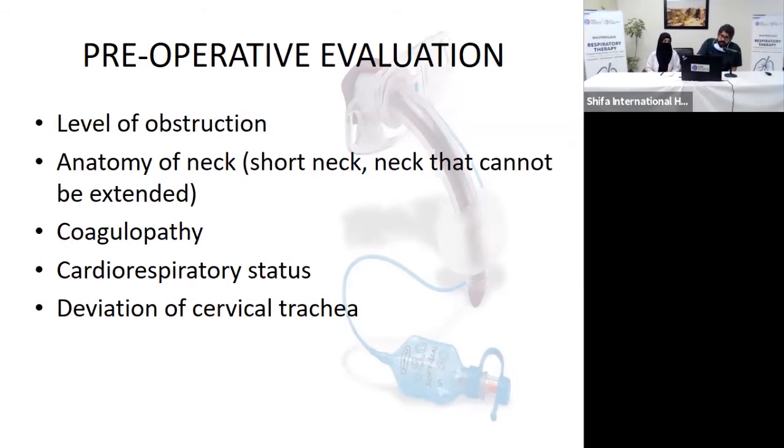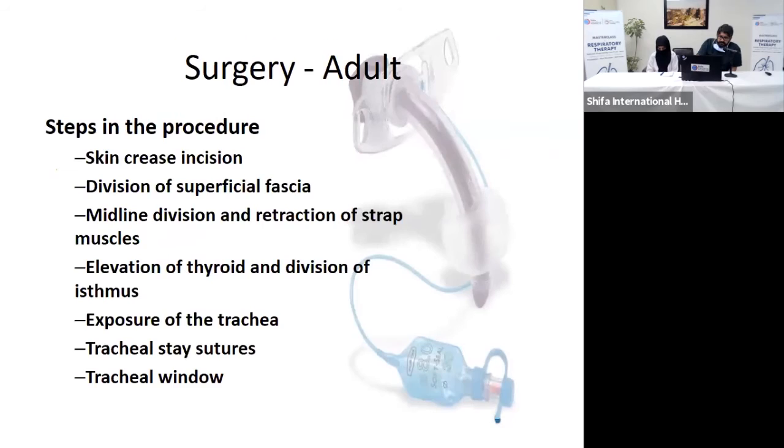Then coagulopathy, whether the patient is on any blood thinners, the general status of the patient, and lastly, a big thyroid. In our part of the country or in the world, we see large thyroids. So sometimes we have to look for that as well, so that we can plan accordingly.